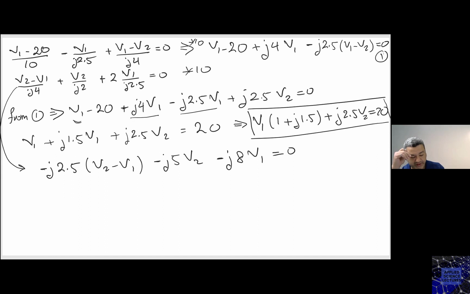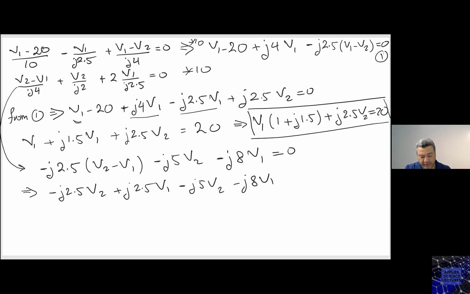Then I have 10 divided by 2.5, which is 4. 4 times 2, which is 8, minus j8 v1. Or minus j2.5 v2 plus j2.5 v1 minus j5 v2 minus j8 v1 equals to 0.